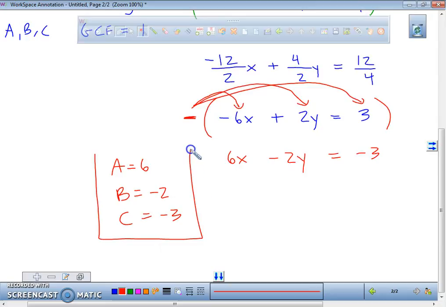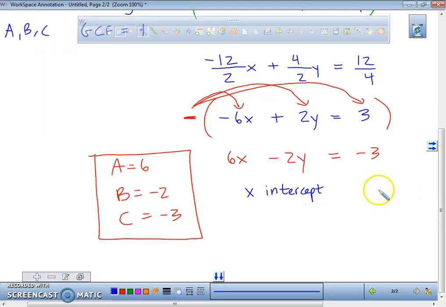Now, these 3 numbers are very important because they're going to help us solve for 3 things in a linear function that sometimes students have a difficult time solving for. Okay? Here's the 3 things that they're going to help us solve. The first thing we're going to talk about is something called the X intercept.